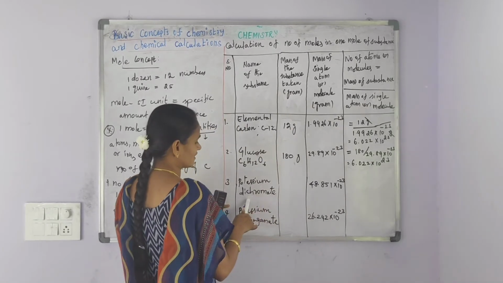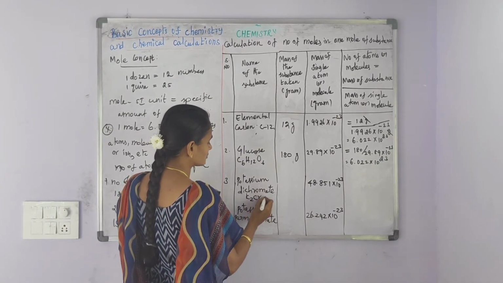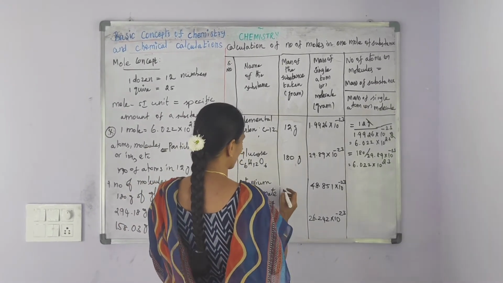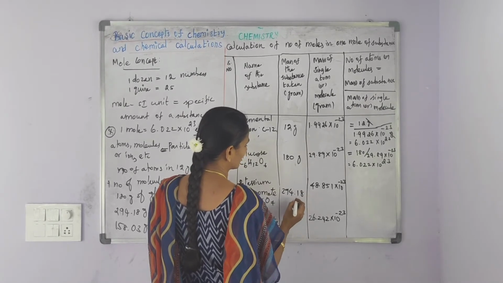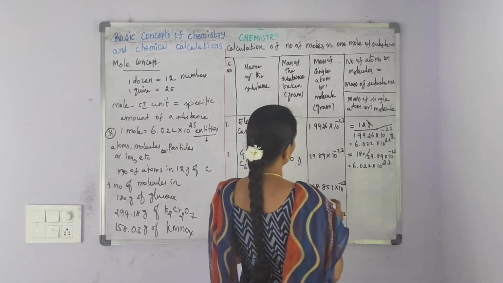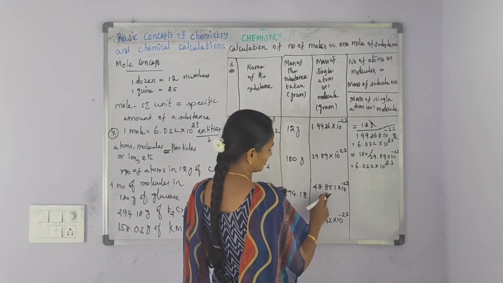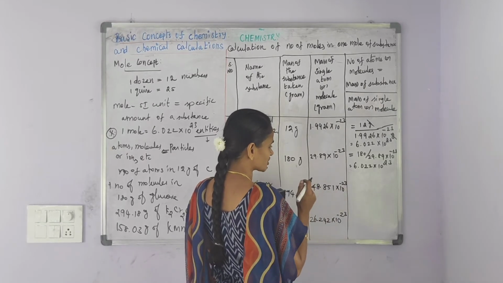And then third one is potassium dichromate. Its formula is K2Cr2O7. So mass of the potassium dichromate is 294.18 gram. Mass of single potassium dichromate molecule is 48.85 into 10 power minus 23 gram.